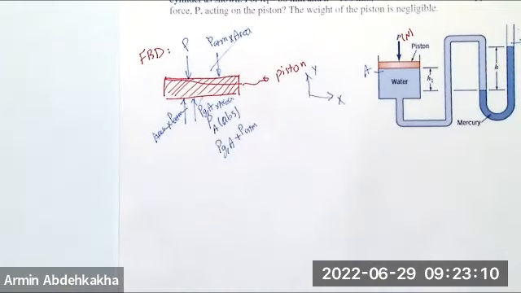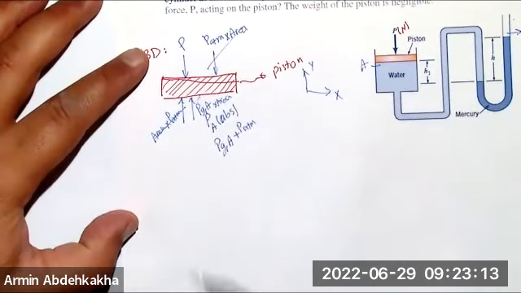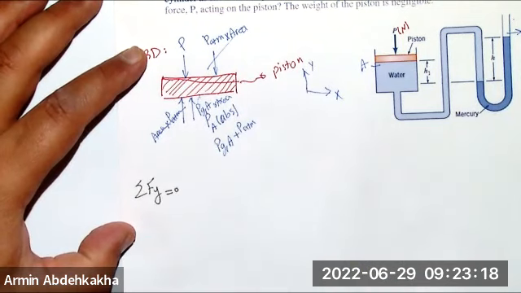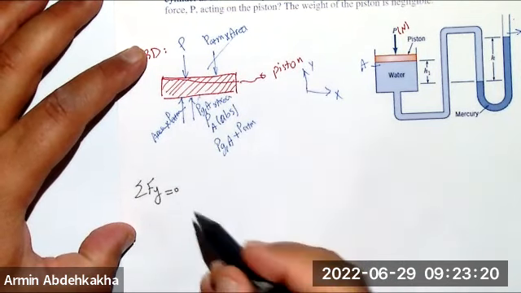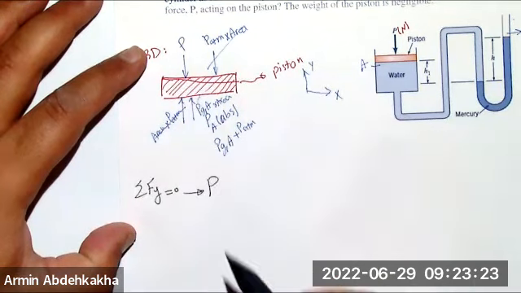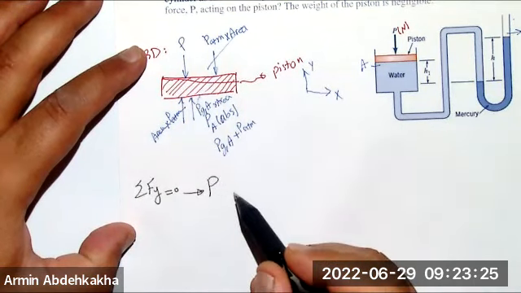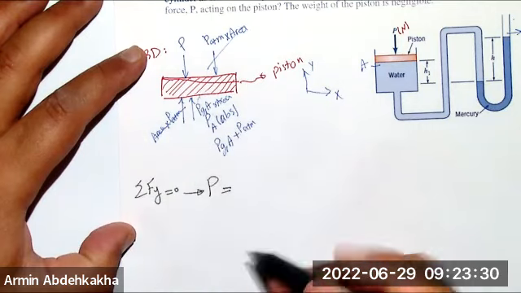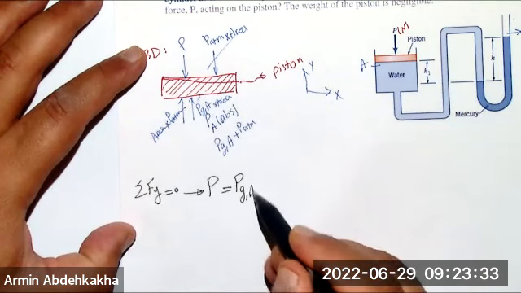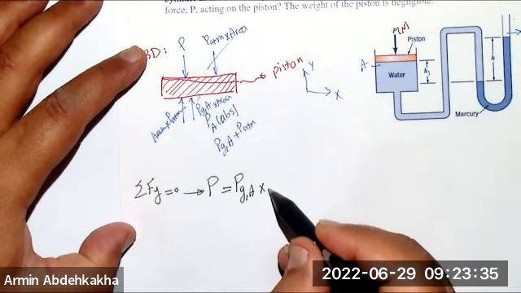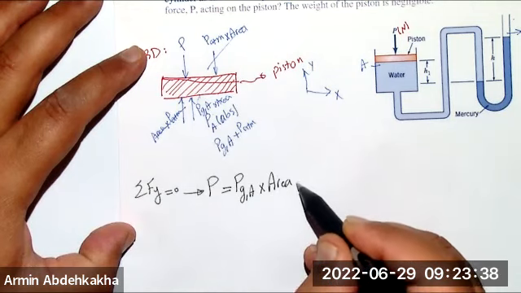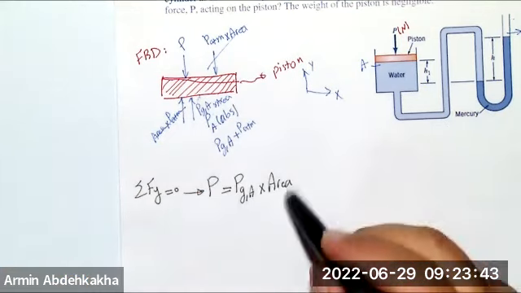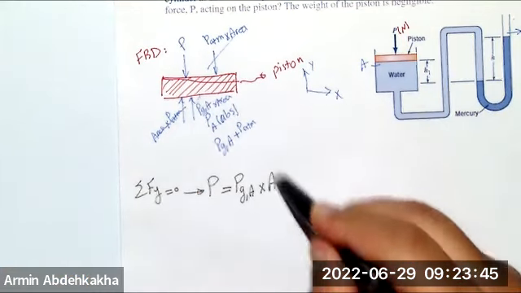So first, let's write the sigma of forces in the y direction should be 0. Then the P on top should be equal to the gauge pressure at point A times area. That's the piston area, so instead of area, I'll make it AP.